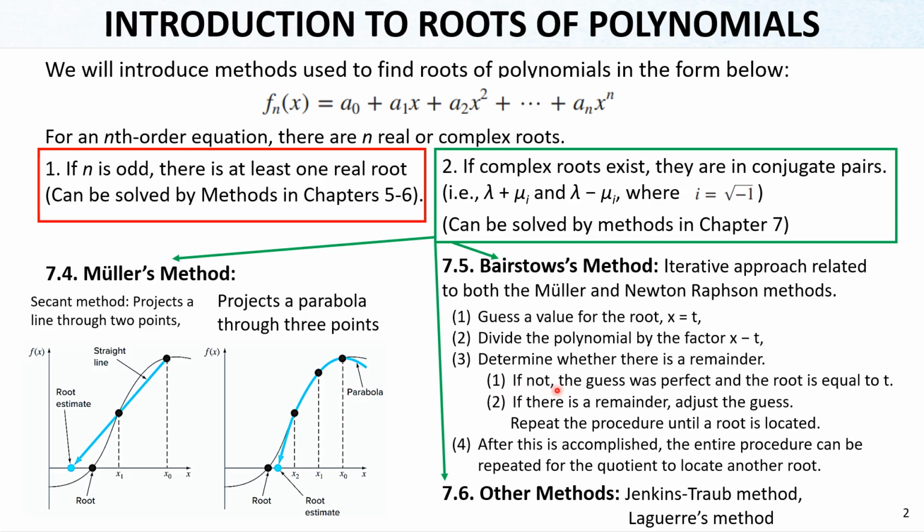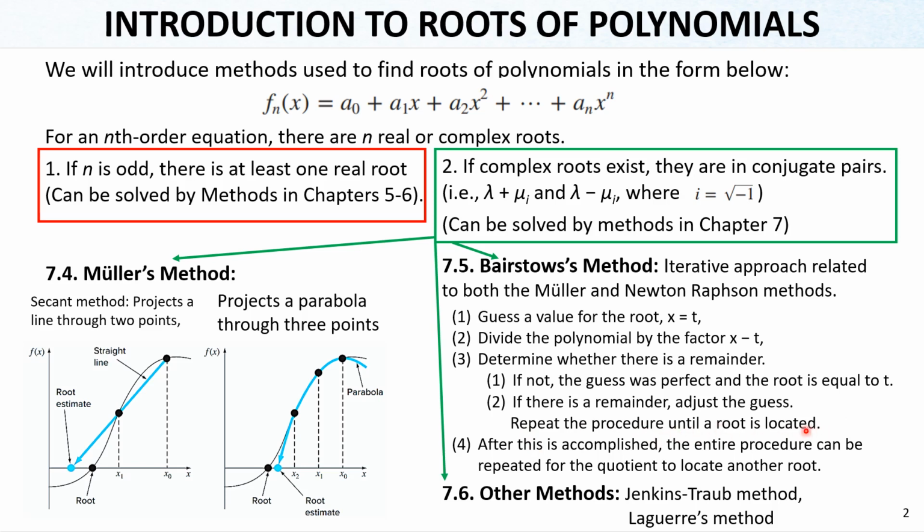If there is no remainder, then the guess was perfect and the root is equal to t, because x minus t equals 0 if there is no remainder. Remainder means the other side is not 0. But if there is a remainder, then we need to change the guess. Then we repeat the procedure until a root is located.